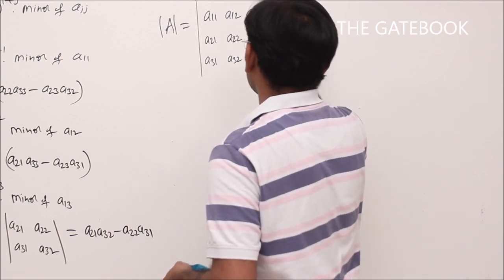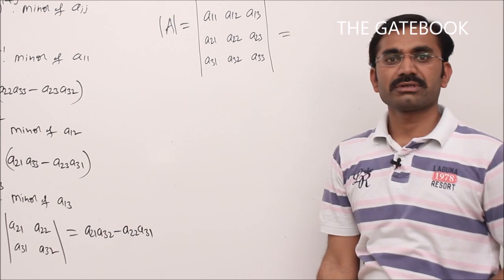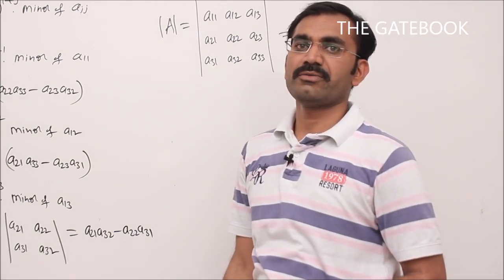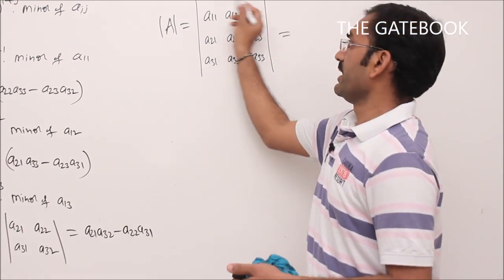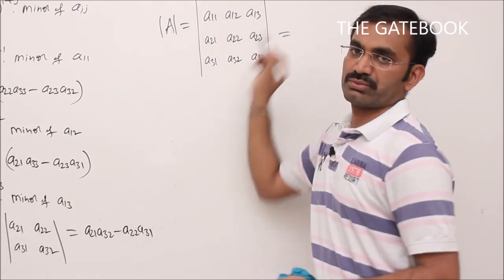As a definition, the determinant is the sum of the products of elements of any row or any column with the corresponding cofactors. In general, we expand along the first row.